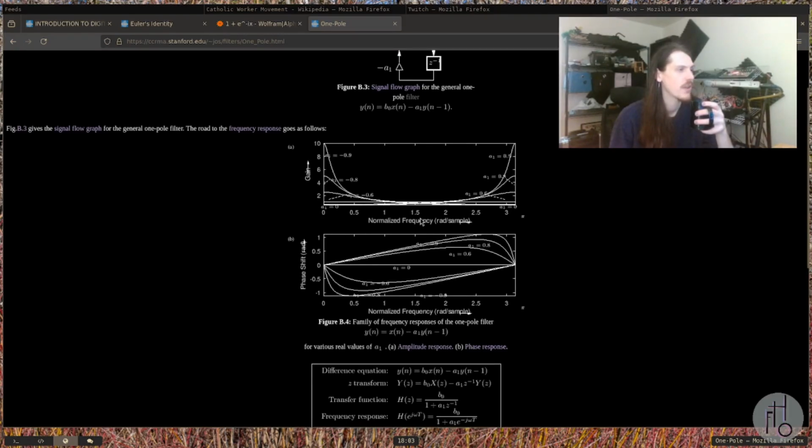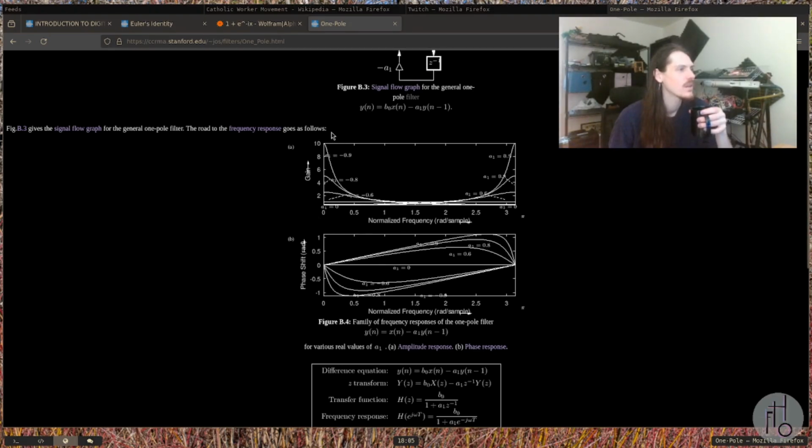And this is actually the graph of that function for various values of a. So you can see for the negative a terms here, for negative 0.9, we get a nice steep low-pass filter shape. That's this decaying exponential. And then for negative 0.8, we still get a low-pass shape, but there's a lot less gain on it. And then for negative 0.6, it's still a low-pass, but it's pretty shallow.